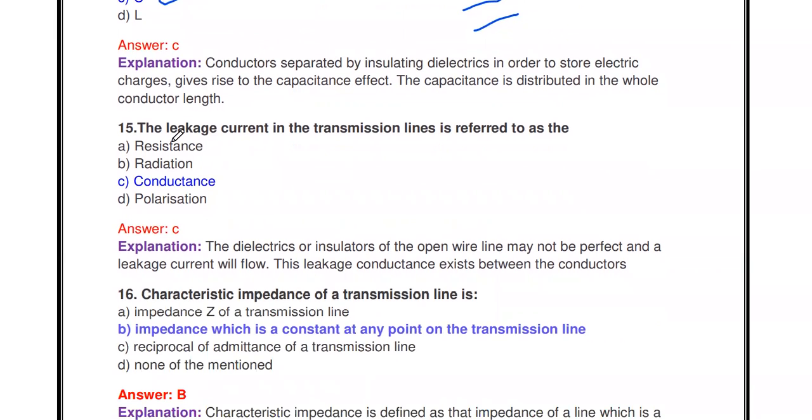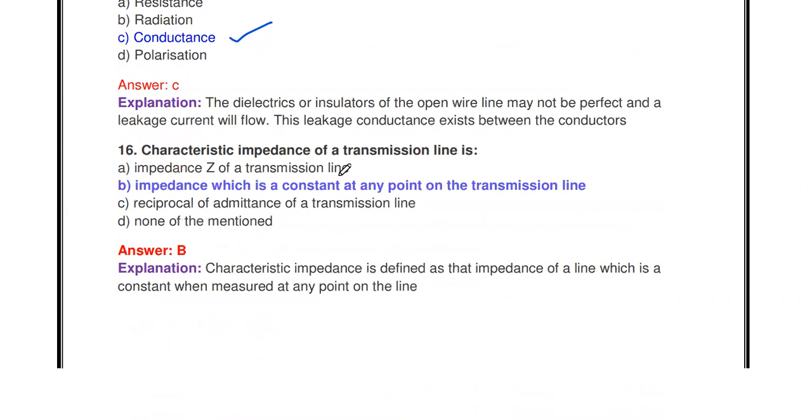Then the next one, the leakage current in the transmission line is referred to as dash conductance. There is always some leakage current in the transmission line, which is referred to as conductance G. So these four are the primary constants of transmission line.